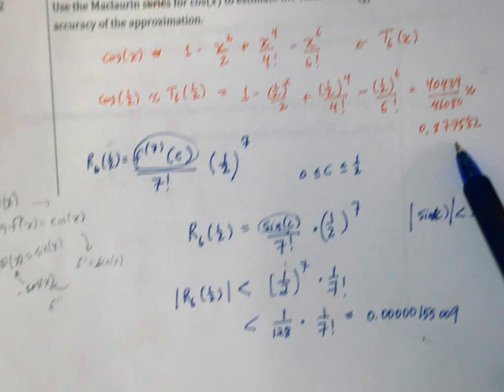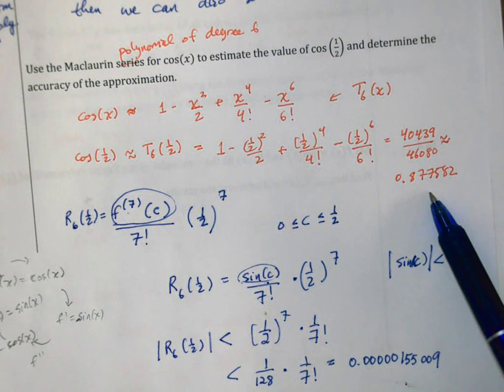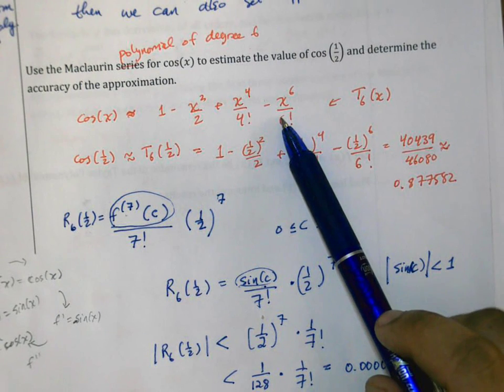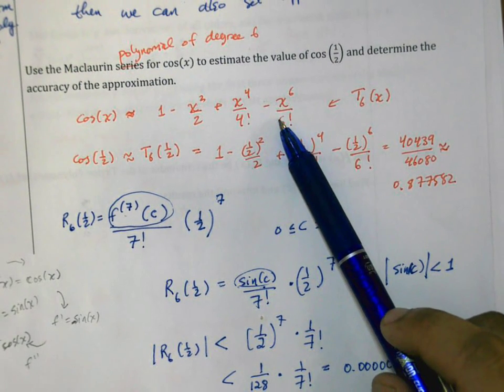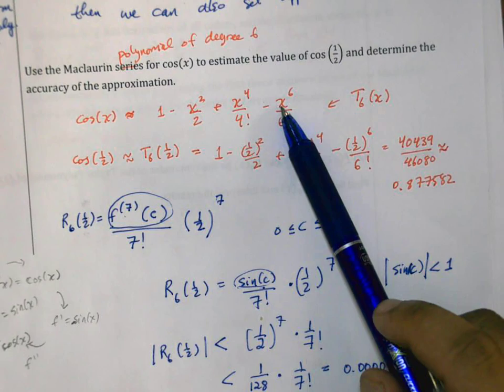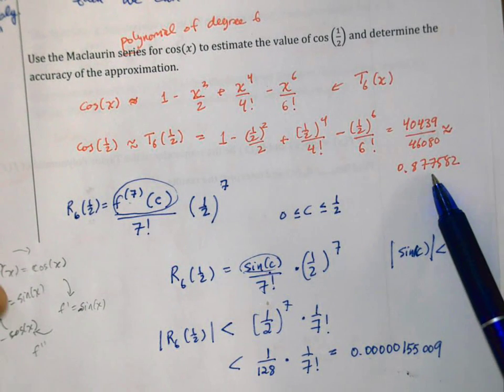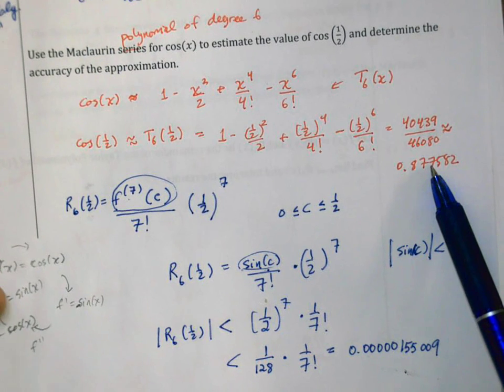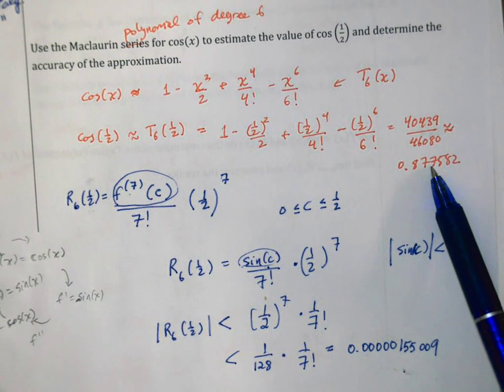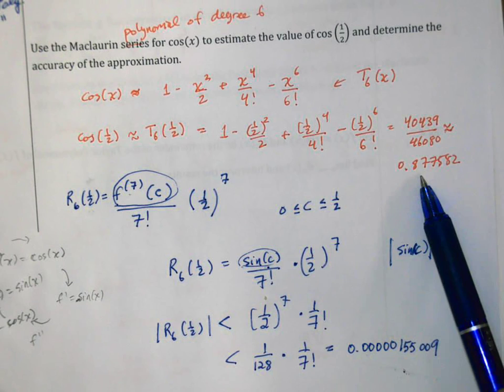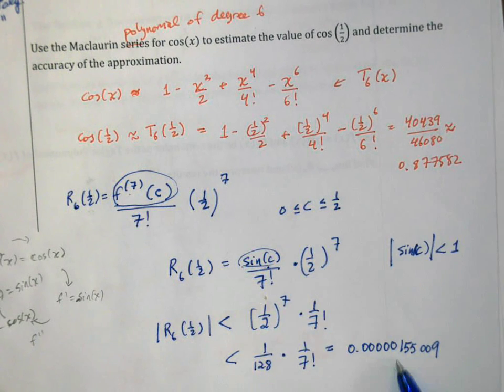It says that this estimate of the cosine of 1/2 that we did using this polynomial, this completely untrigonometric function, is about 0.877582. And we don't know what the exact answer is, but we know that this number must be no farther away than this much from the exact solution.